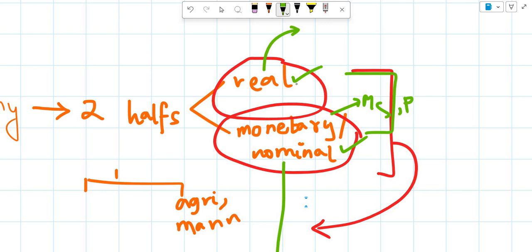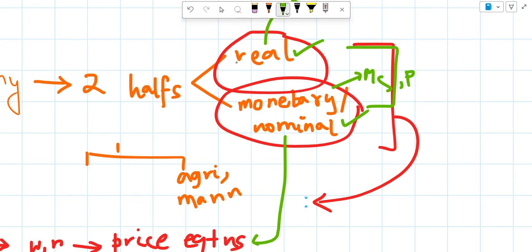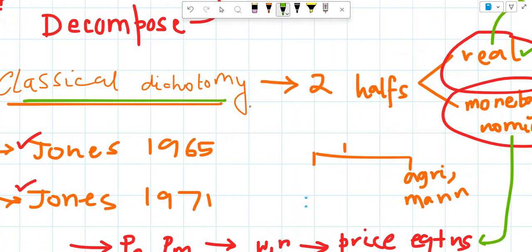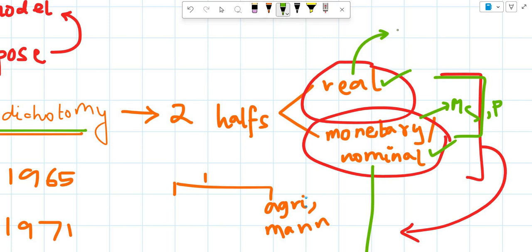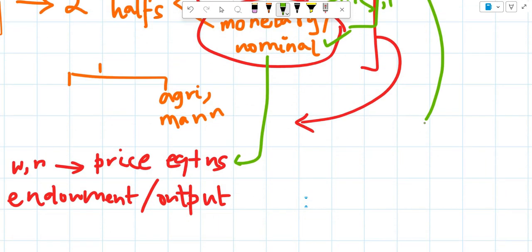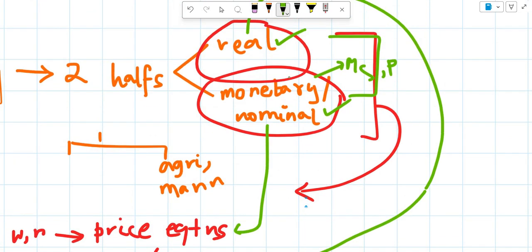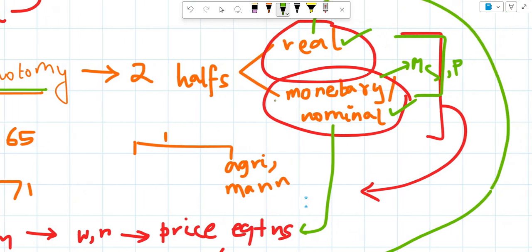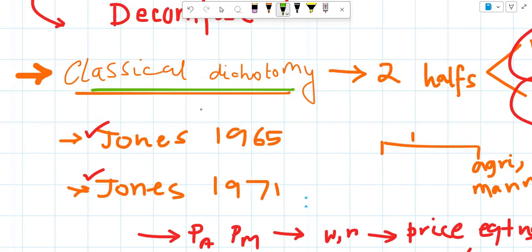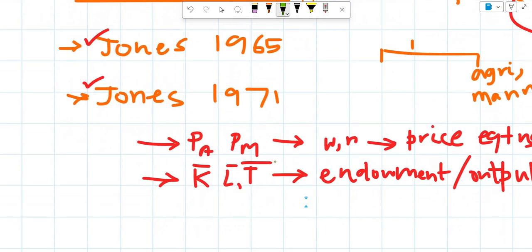These are your monetary variables. On the real side, you have all the real output and other real variables. So the real part of the economy in the classical dichotomy can be connected to, can you guess which part? The endowment part. So you have the monetary or nominal side and a real side in the classical dichotomy.